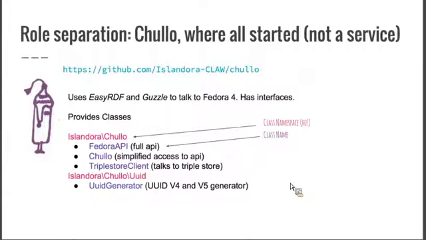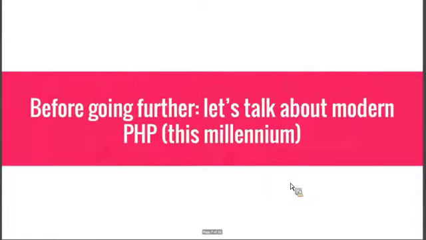And then we also have an additional library named Islandora UUID namespace, and the class name is UUID generator. We use this to create UUID version 4 and version 5 identifiers. Basically, we are going back in time, and as we saw last time, we are using these UUIDs to match our Fedora 4 paths, and we have this little class that does the hard work for us.